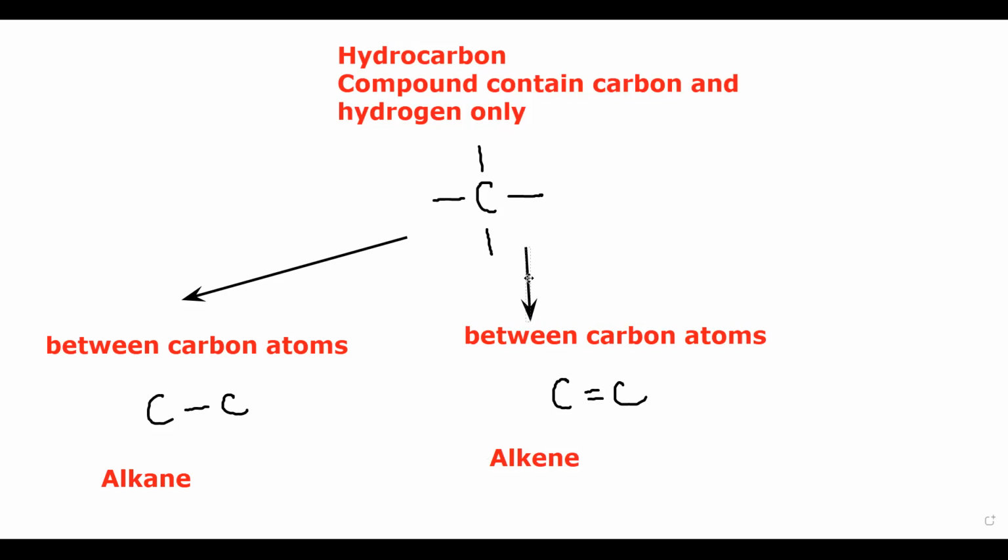And if we have a hydrocarbon in which between the two carbon atoms there is a triple bond, like carbon bonded with another carbon and they have a triple bond between them, we call that class of hydrocarbon alkyne.